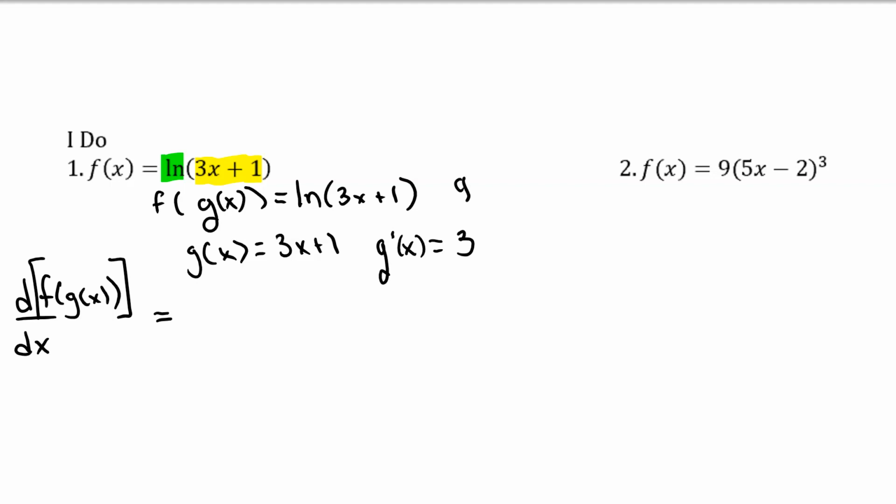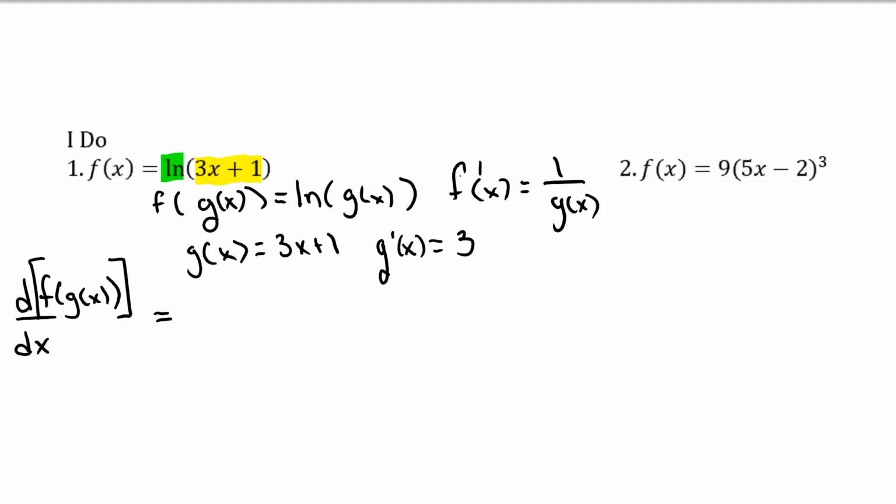And the derivative of the outer function, f of g, maybe this will be less confusing, let's leave this as g of x in here. I think that'll be easier for us to see. Is going to be 1 over g of x.